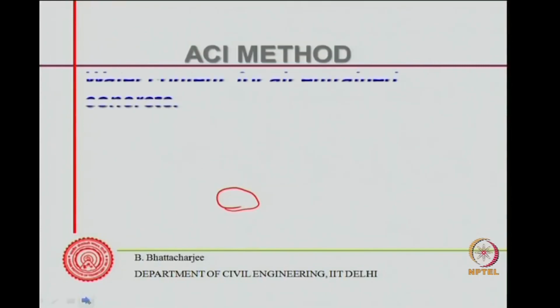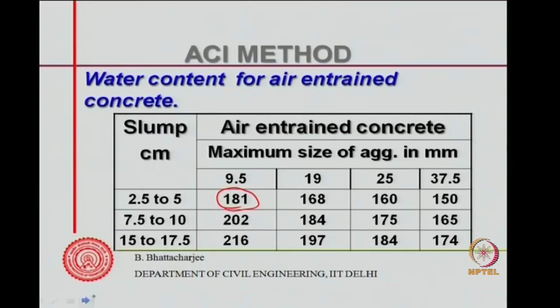So the water content for air entrained concrete is much less, and as you increase your slump, the water content increases. This was 243 for non-air entrained concrete, and for air entrained concrete it is 216, and as you go along this direction it reduces.